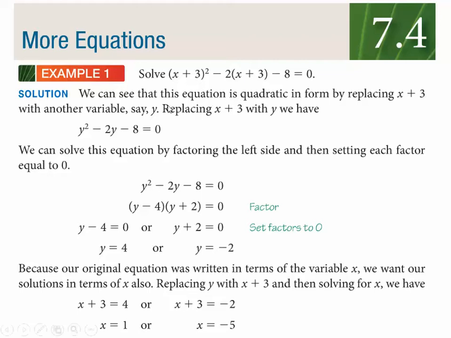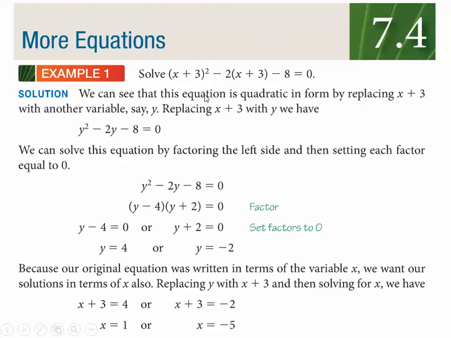I don't know why your book likes the y variable to substitute, because all the other algebra textbooks on the whole entire planet use the variable u to substitute. The reason you use u is because we do that in pre-calculus and in calculus. We always use the u variable as a substitute variable.